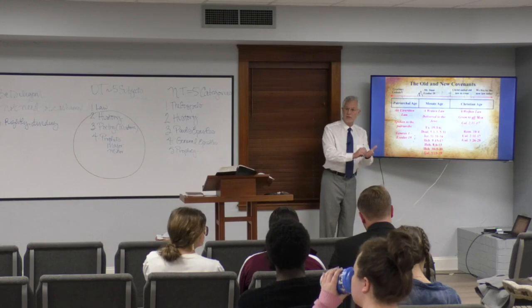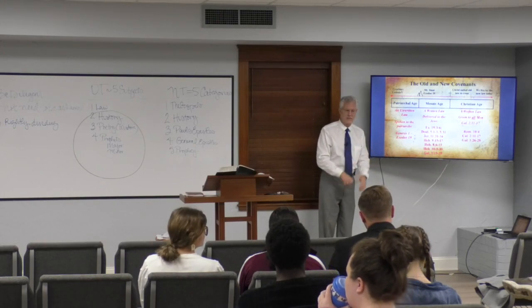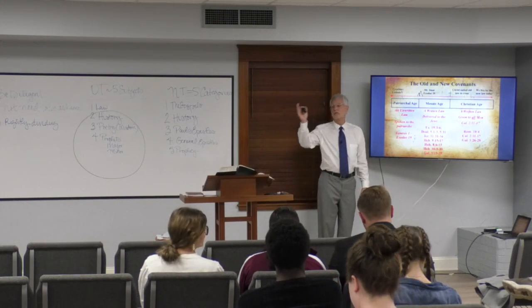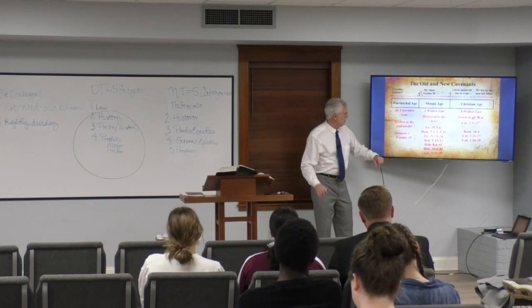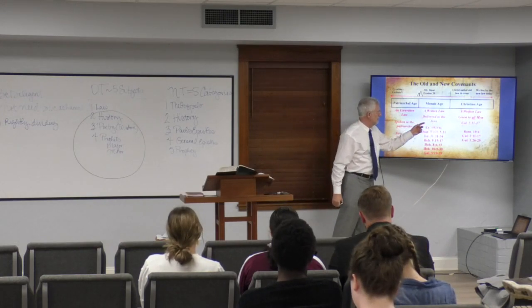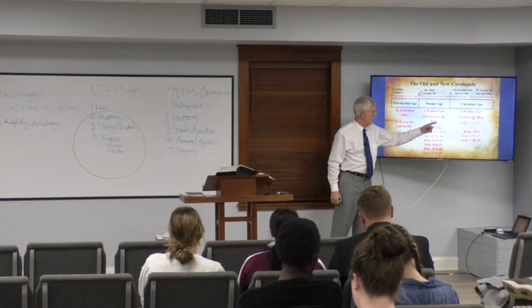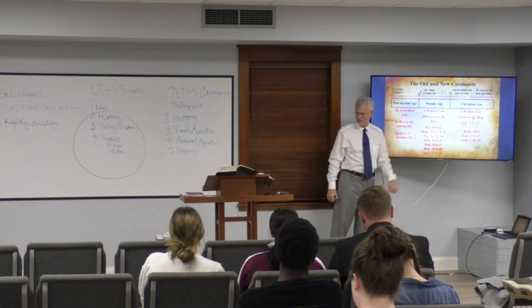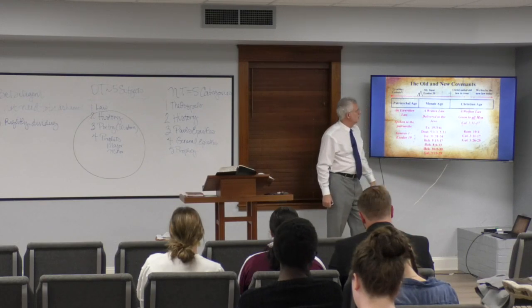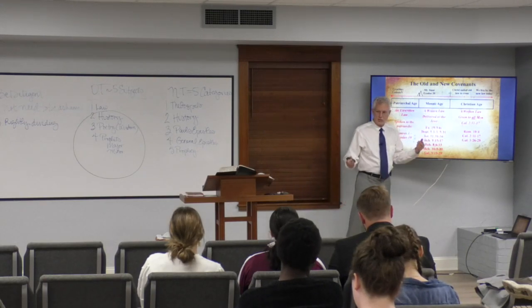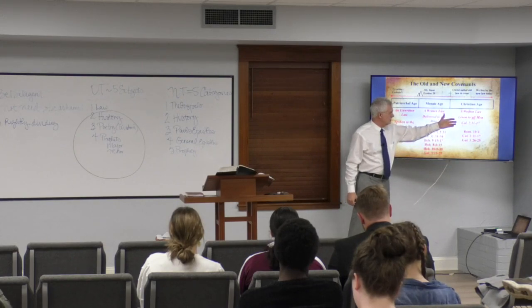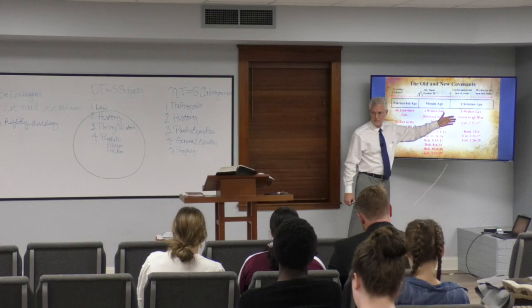Mosaic age, there's a written law, 10 Commandments, and 613 other laws that are written down and delivered to the Jews. The audience is the Jews, receivers of the law. The law is nailed to the cross. Christian age. Jesus delivers a law to all men.